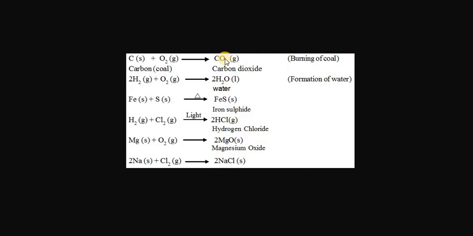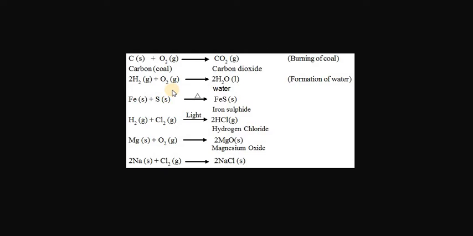Carbon means coal, or you can also write carbon, which reacts with oxygen and forms carbon dioxide. The second example is the formation of water. Here H2, the hydrogen, reacts with oxygen to form water, that means H2O.